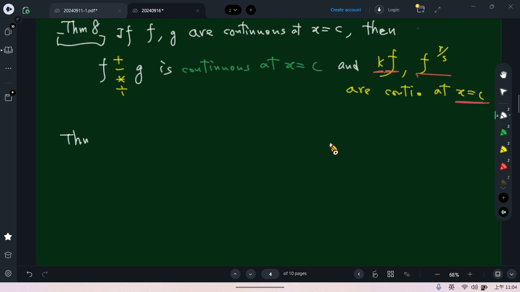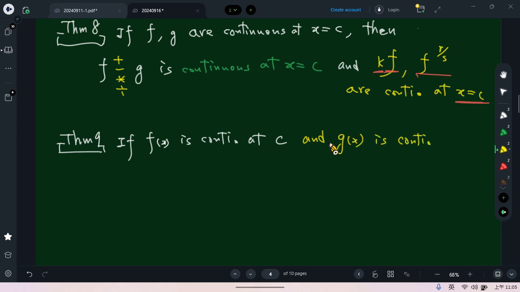And theorem 9, where we talk about composition. If f of x is continuous at c and g of x is continuous at x equal to f of c, right?